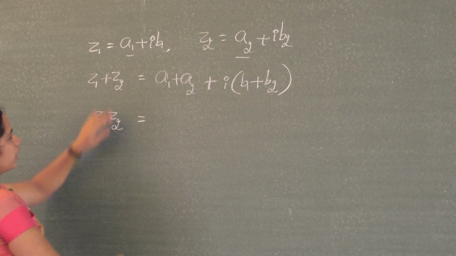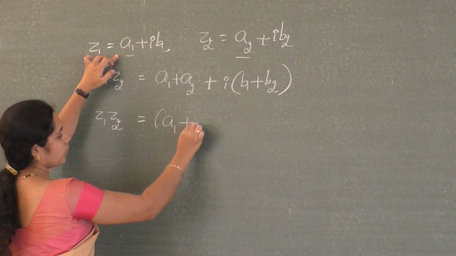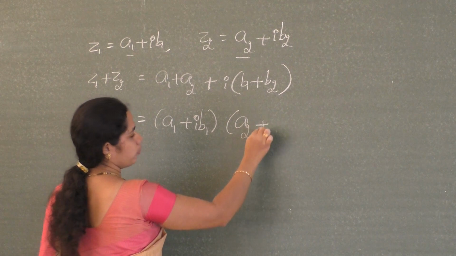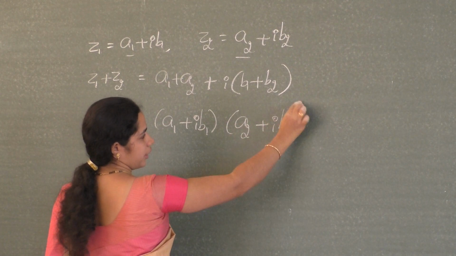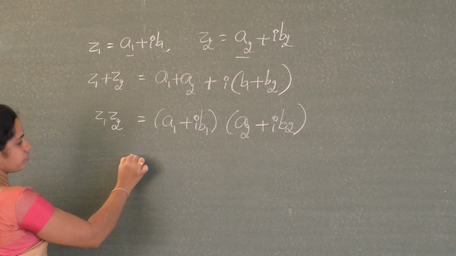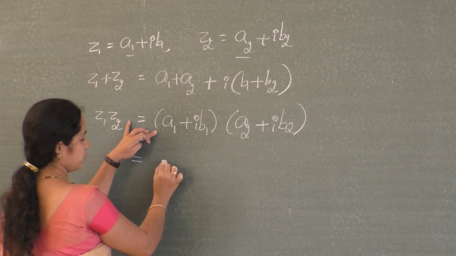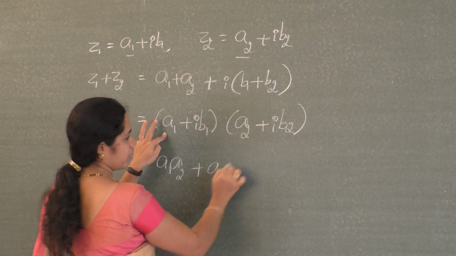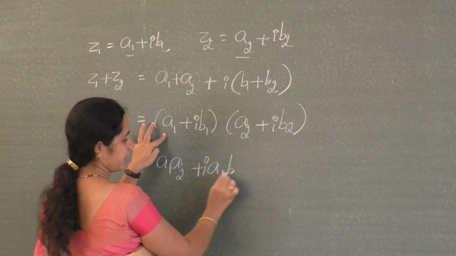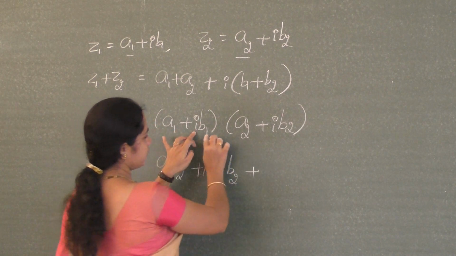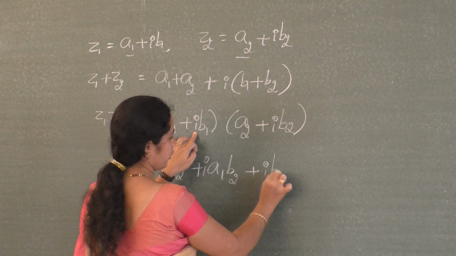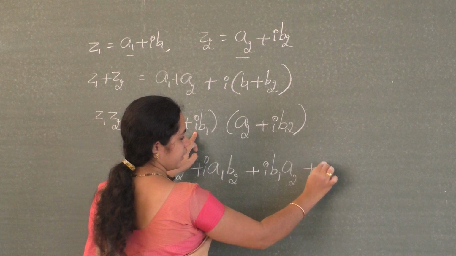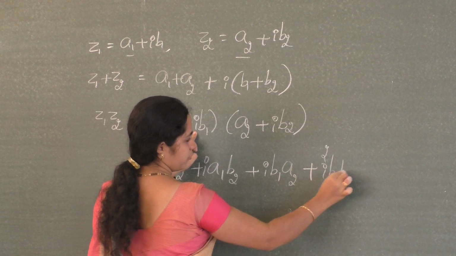Now let us see multiplication. z1 into z2 is equal to a1 plus ib1 into a2 plus ib2. Multiply directly: a1 a2 plus a1 into ib2, that is i into a1 b2, plus i into b1 a2, plus i into i is i square b1 b2.